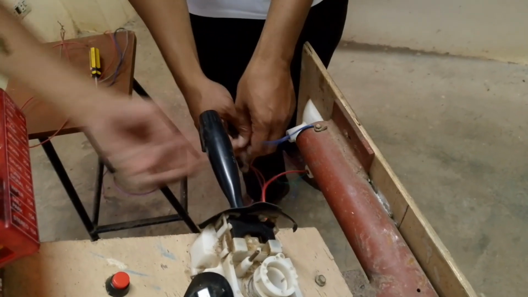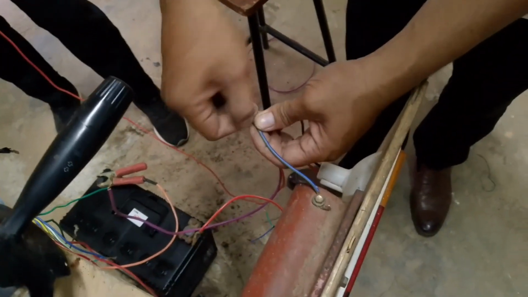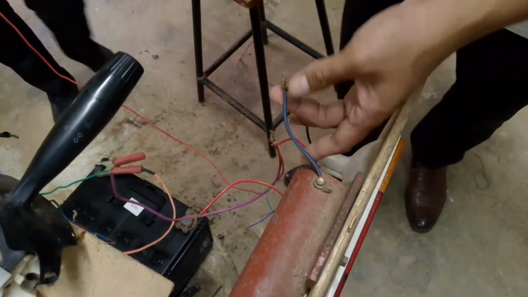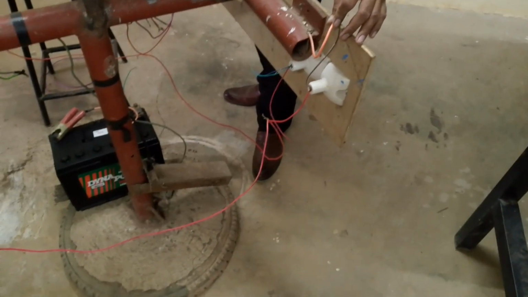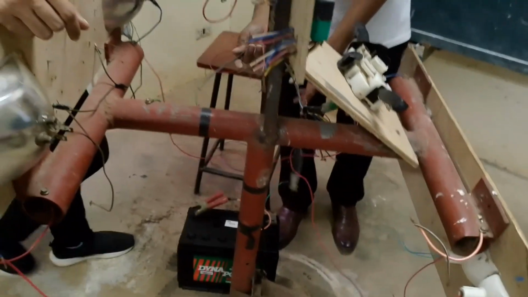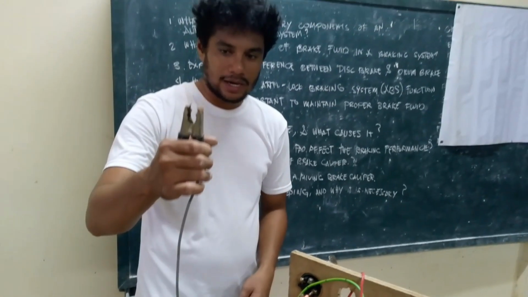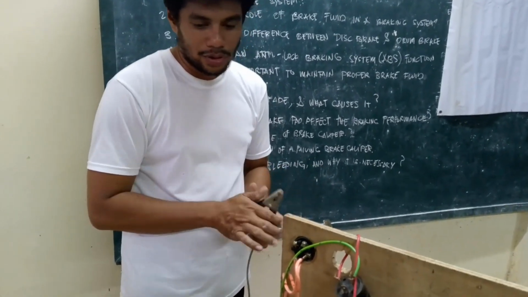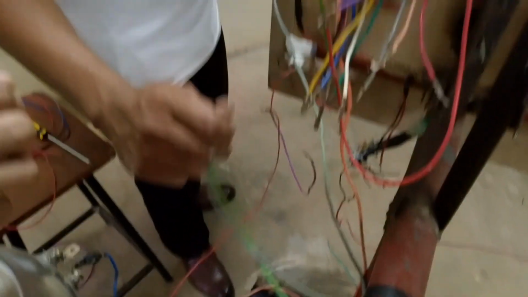On our right, it is there too. And in our rear side, it is there. Ground, and ground. Next, the last part is our negative. So our negative wire or cable is attached to the body. It is attached. They are off now.